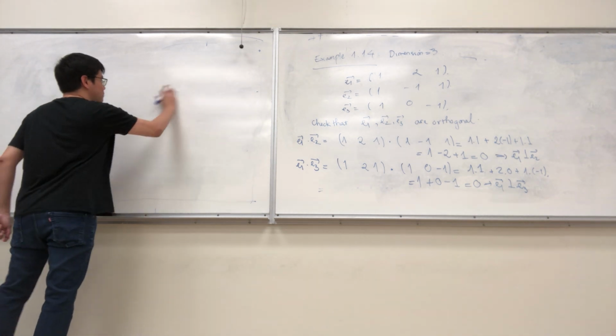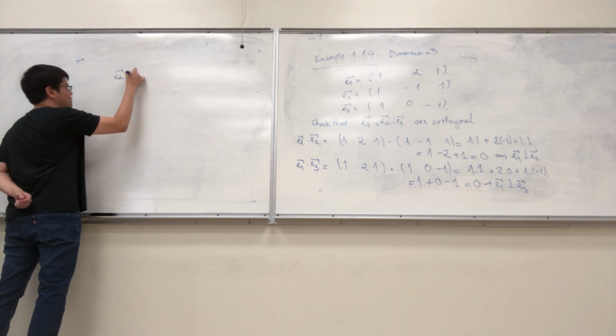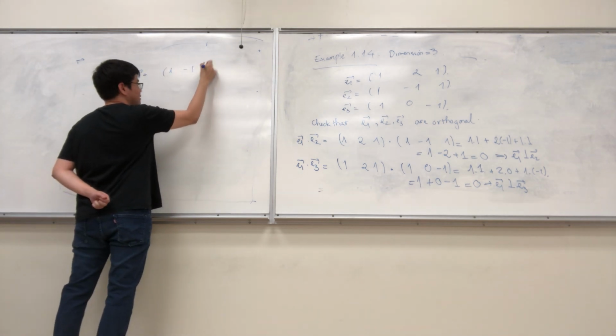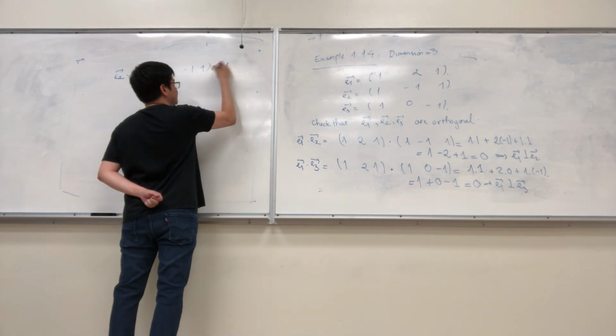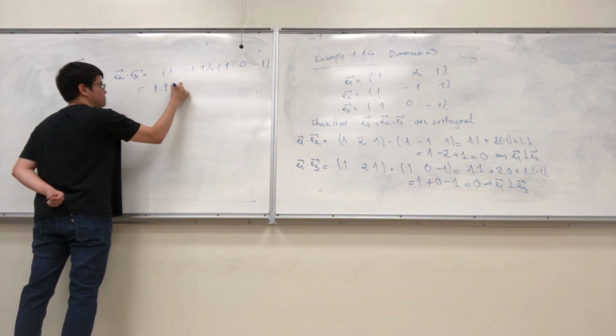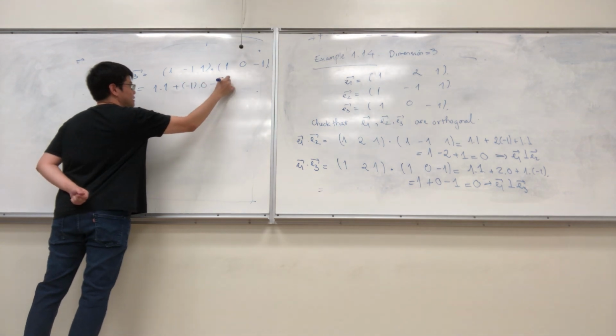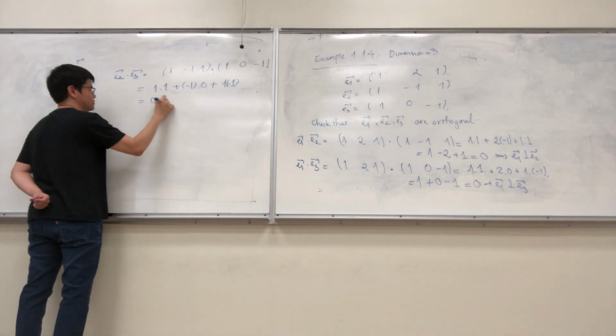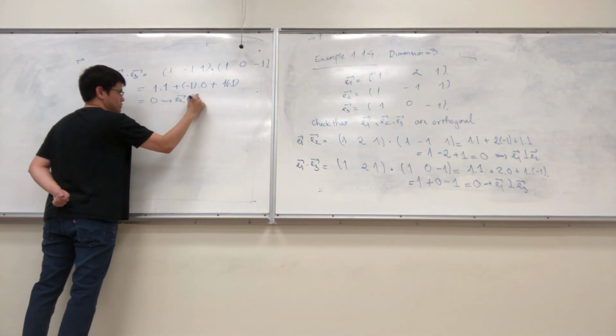And so the next one will be E2 times E3, which is (1, -1, 1) times (1, 0, -1). So this gives me 1 times 1 plus -1 times 0 plus 1 times -1, which is 1 minus 1, and this is also 0, which means that E2 is orthogonal to E3.